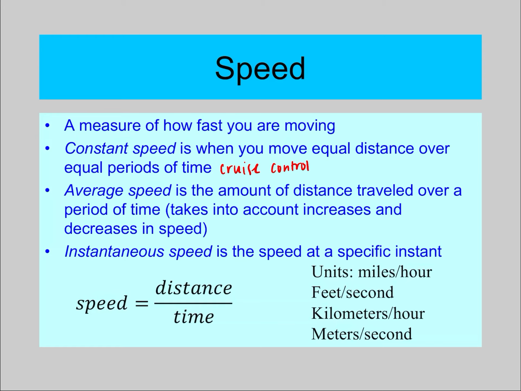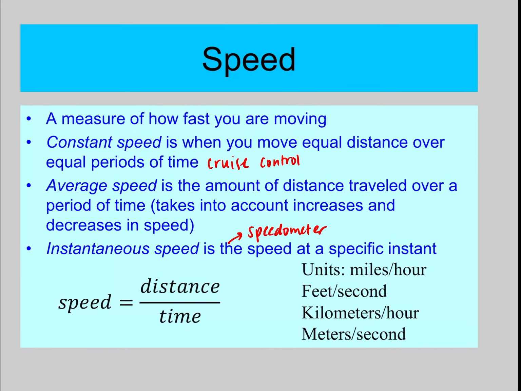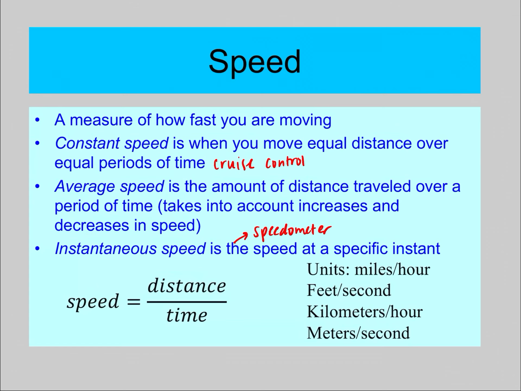The third is called instantaneous speed, and it's the speed you're going at a specific moment of time. And this is what we measure with the speedometer. When you look at the speedometer, you are measuring your instantaneous speed, not your constant or average, but instantaneous speed.